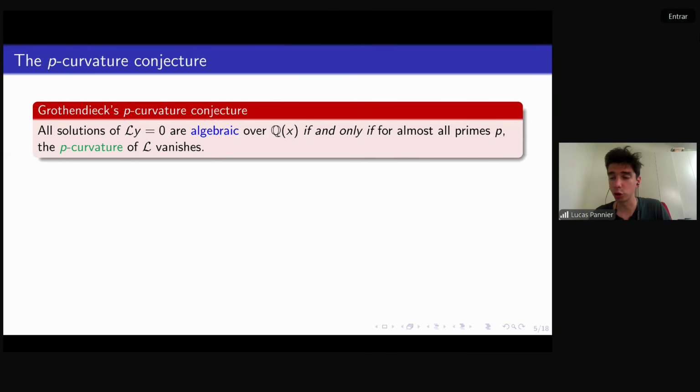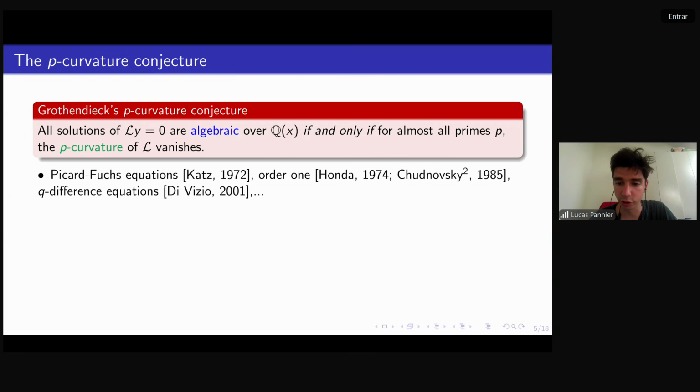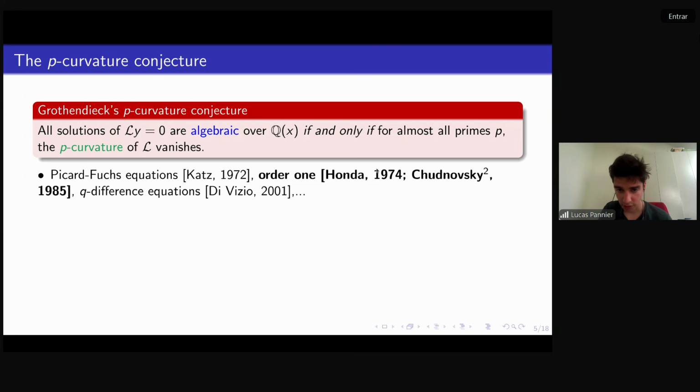So this conjecture has been studied by a lot of people, and it has improved in many different cases. Here are some of them. And the one we will be interested in is mainly the first, the order 1 case.